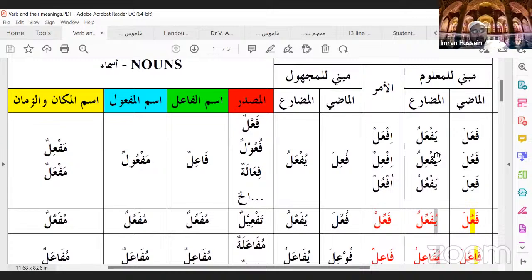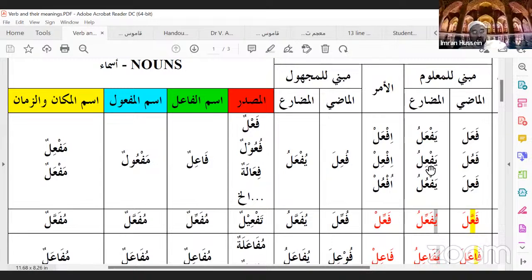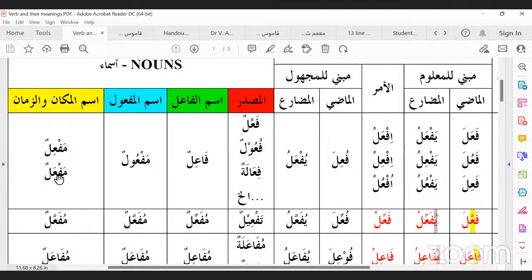Whenever the verb is coming with a dhamma, yaf'ulu, or yaf'alu, any verb which is on the pattern of yaf'alu or yaf'ulu, there Ismul Makan wa Zaman will be formed on the pattern of maf'alun.